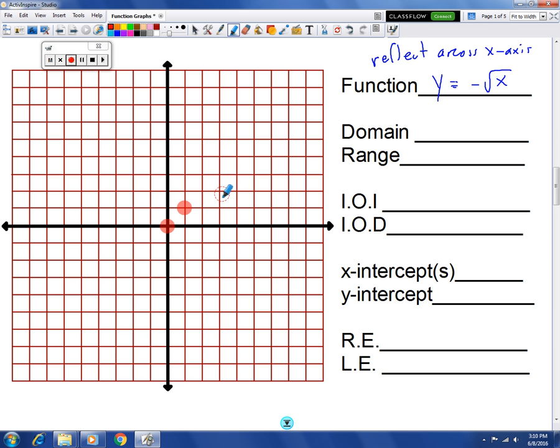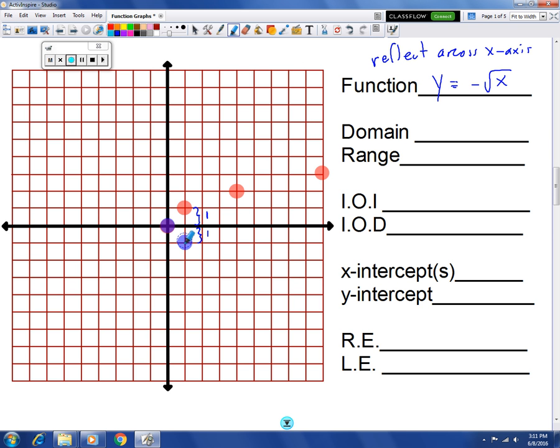Okay? So here's our parent function. The red points would represent y equals positive square root of x. So we're going to reflect that across the x-axis. The point at 0, 0 is not going to reflect because it's actually on the x-axis. It's going to just stay there. But the next point at 1, 1 is one block above the x-axis, so I'm going to go one block below and put the same dot down below.